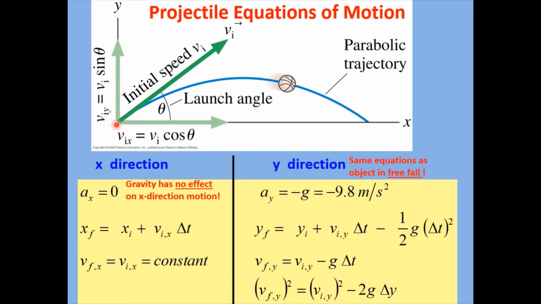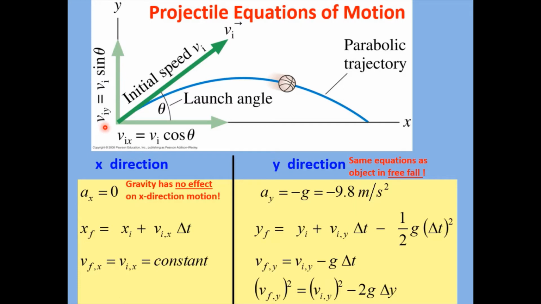So the horizontal component of the launch velocity, we're going to call v sub I x. This is the initial launch speed in the x direction, and using trig, this is just equal to v sub I, the initial launch velocity, times the cosine of theta.